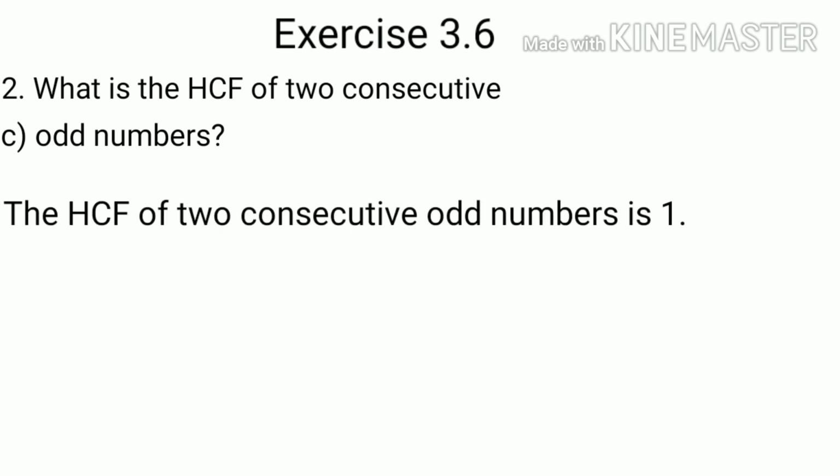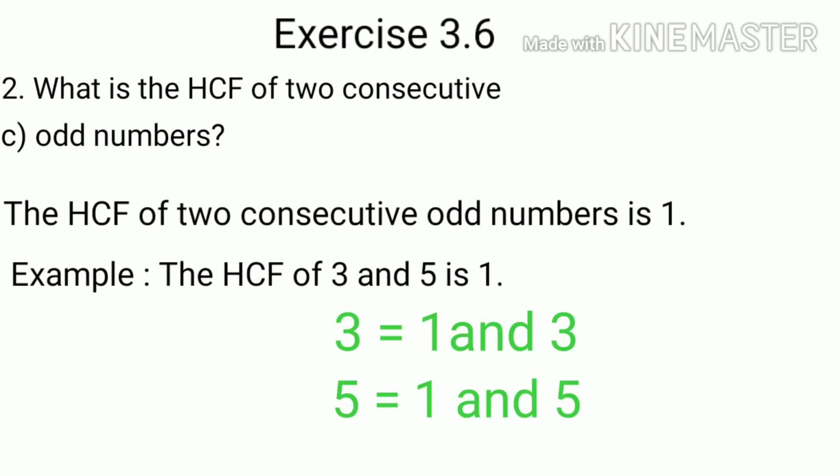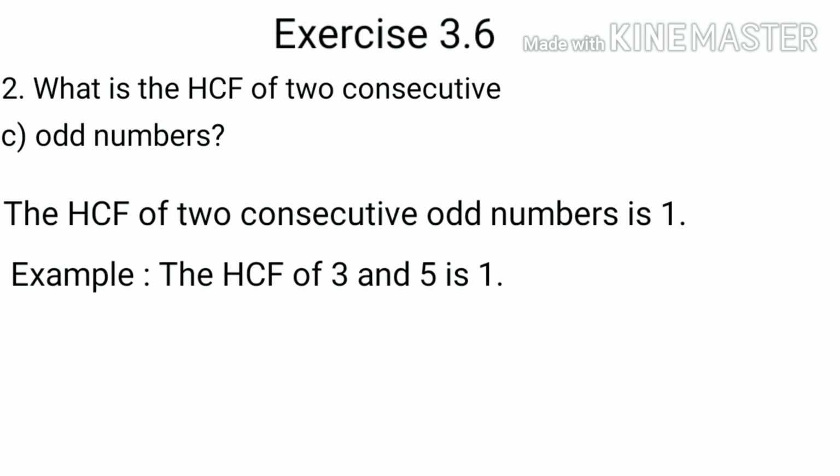So the HCF of two consecutive odd numbers is 1. Example, the HCF of 3 and 5 is 1 because the factors of 3 are 1 and 3 and the factors of 5 are 1 and 5. Here the highest common factor is 1. So the HCF will be 1.